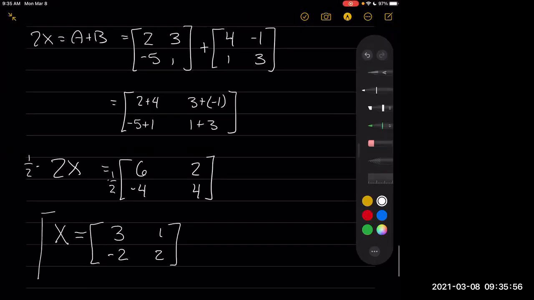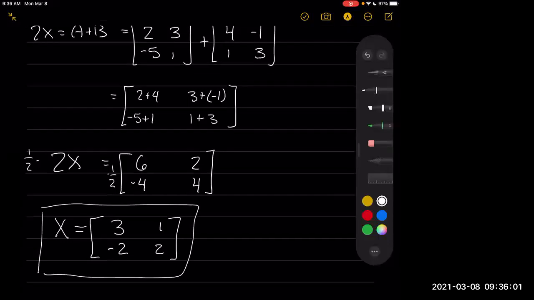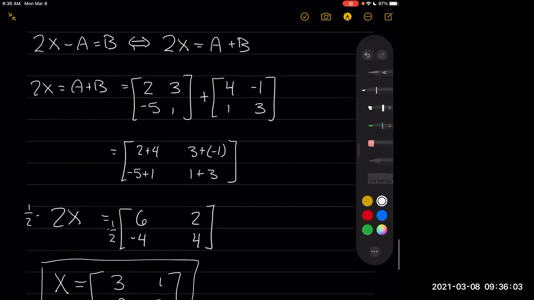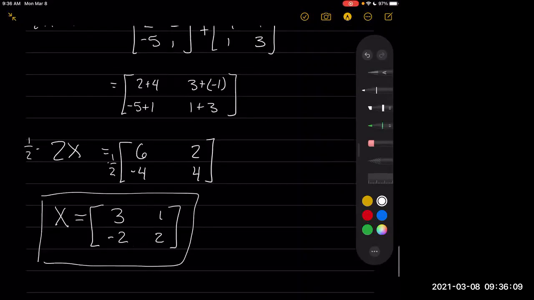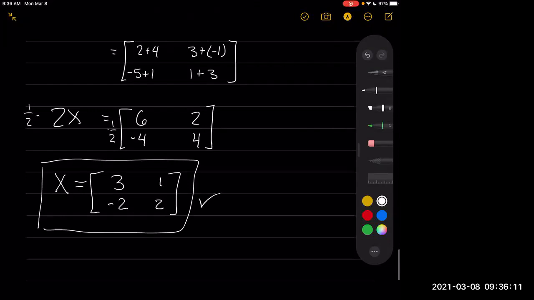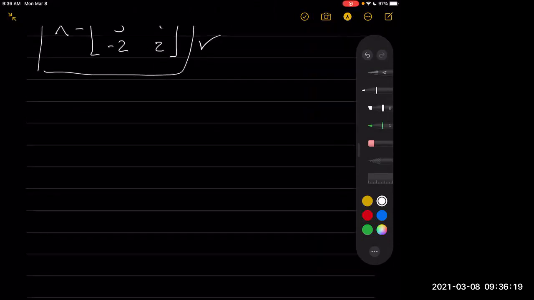And then checking, if you were to do all of this in reverse, you'd end up with B. If you had 2 times this minus A, you'd have B. So there's our matrix equation. All right, and now I'm going to teach y'all matrix multiplication.